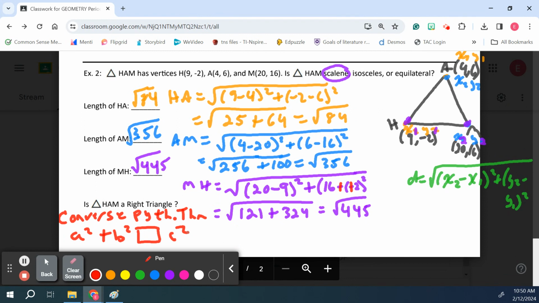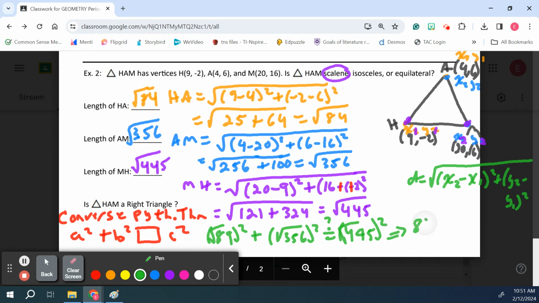So I'm going to take my lengths right here, and remember, the two smaller lengths combined need to be equal to the larger length. So in this case, we're going to have the square root of 89 squared plus the square root of 356 squared. And we're just going to see if it equals the square root of 445 squared.